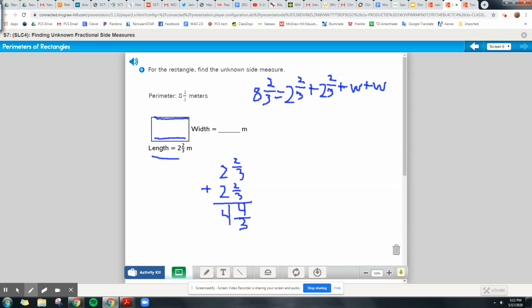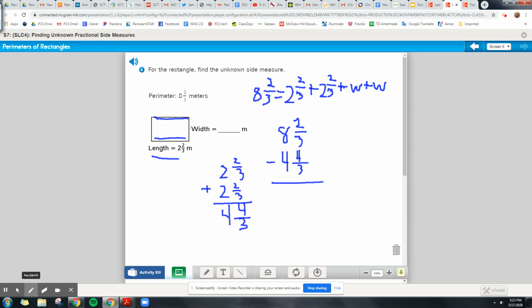And so if I take 8 2/3 and I subtract 4 4/3, that's going to give me my two W's. Ooh. Let me erase that if I can. Go back to my pen. 4 4/3.